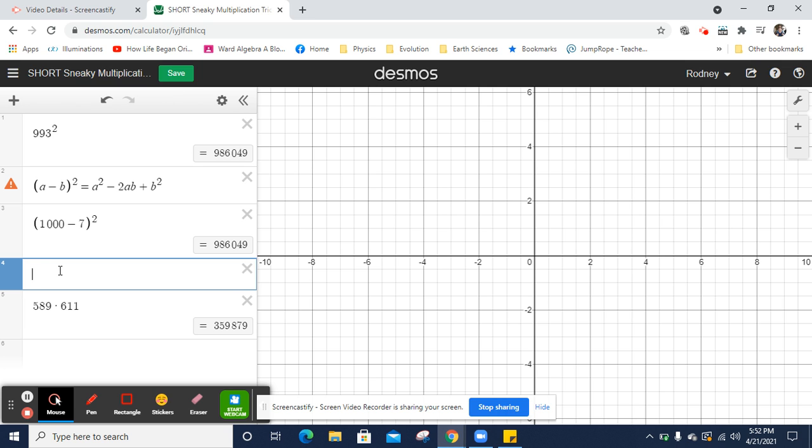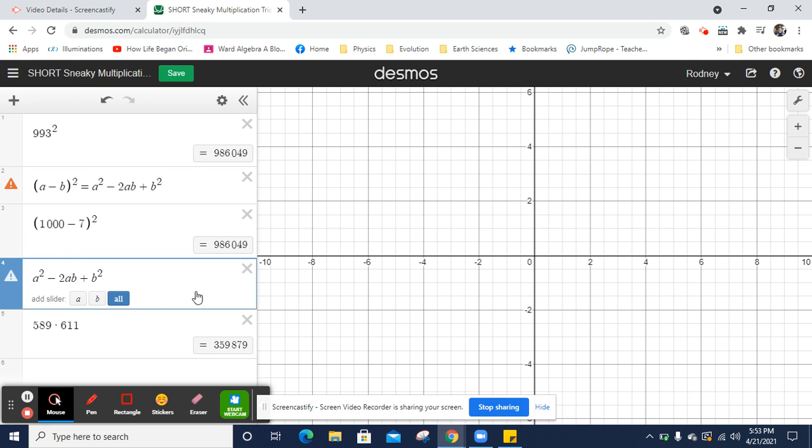I'll go ahead and just copy this structure right here, and I'll just plug and play. Sometimes it's useful to use those structures to work through the problem. So a squared becomes 1,000 squared because 1,000 is my a. That also becomes 1,000. And now I'm going to change b into 7.